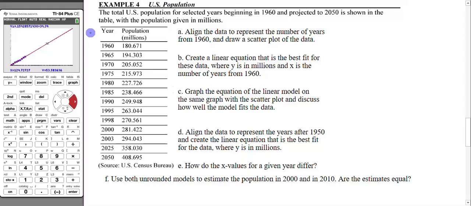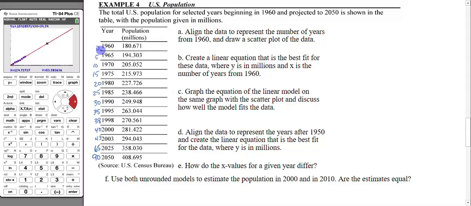So again, number of years from 1960, this is going to be 0, 5, 10, 15, 20, 25, 30, 35, 38, 40, 43, and then they've jumped to 2025, so that's going to be 65, and then they've jumped to 2050, so that's going to be 90.